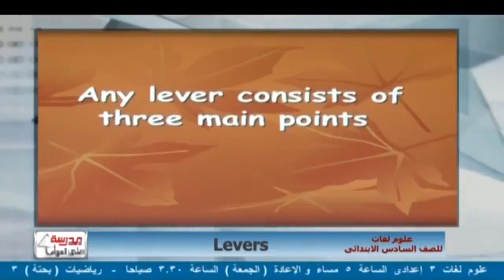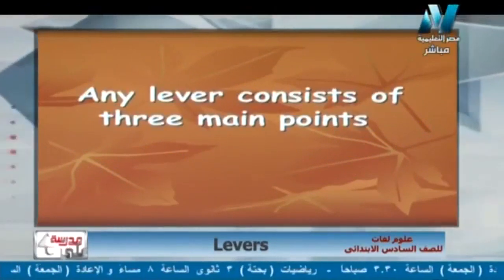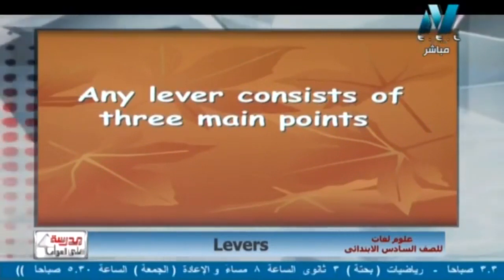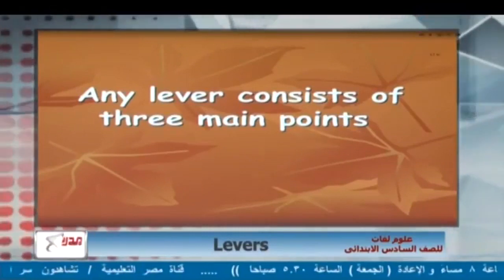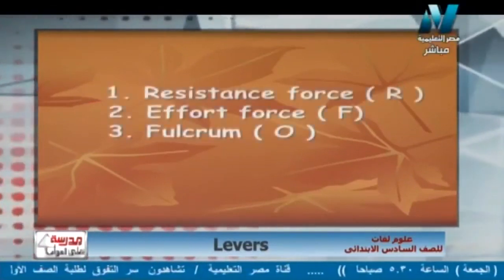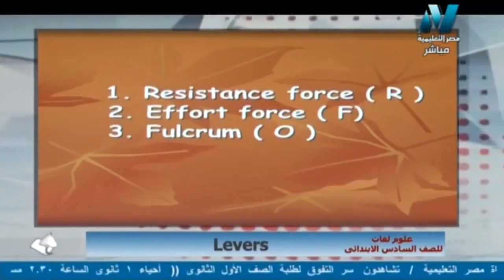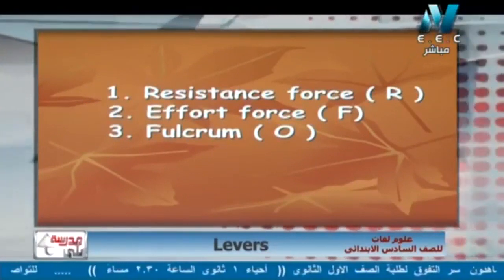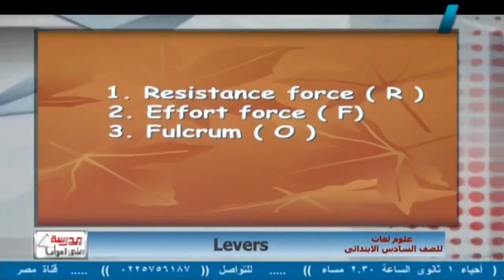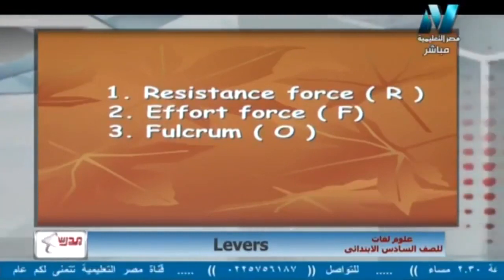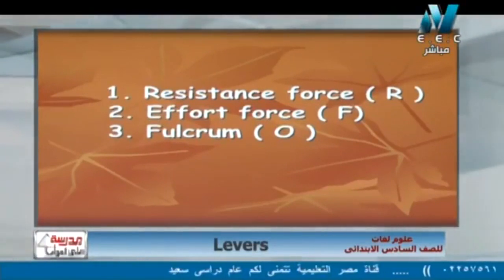So now, any lever consists of, as we have seen in this definition, three main points or three main parts. أكيد هيكونوا هما resistance force اللي ليها رمز R, effort force which has a symbol F, and fulcrum which has a symbol O. So again, any lever consists of 3 main parts, which are resistance force R, effort force F, fulcrum.